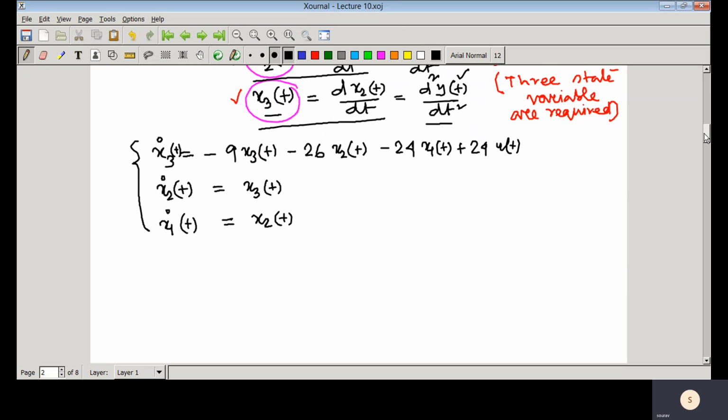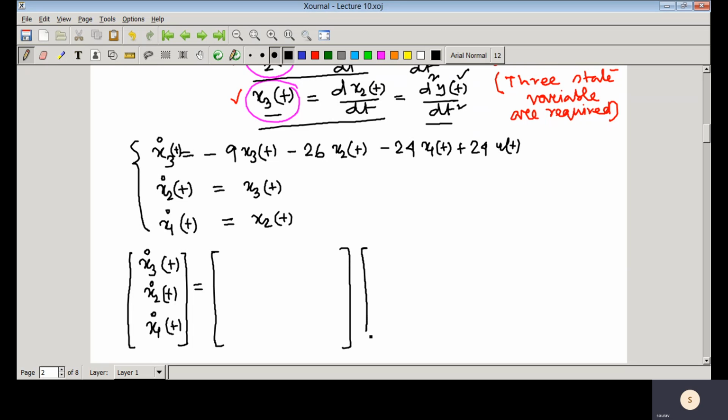So now the next step is we need to represent these dynamical equations in matrix form. How can we do it? We write x3 dot(t), x2 dot(t), and x1 dot(t) on the left, and on the right you have x3(t), x2(t), and x1(t).